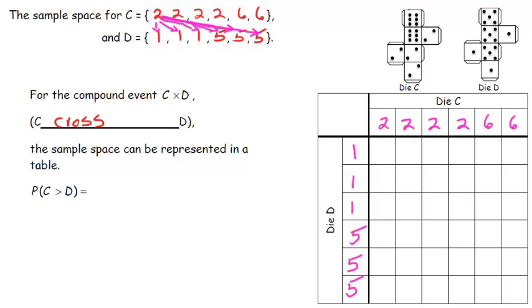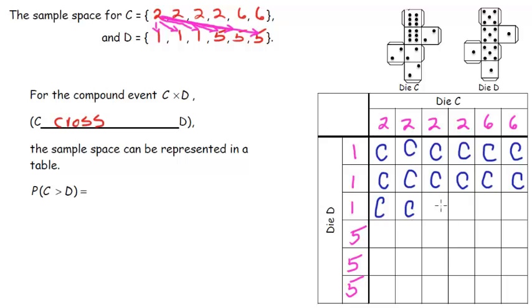So if I look at this example, if C rolled a 2 here and D rolled a 1, well, C would win because 2 is bigger than 1. Right? Well, what if C rolled this other 2 with a 1? Well, C's still going to win. So C would win here, here, and so forth. Then if C rolled a 2 and D rolled a 5, well, in this case, D would win.